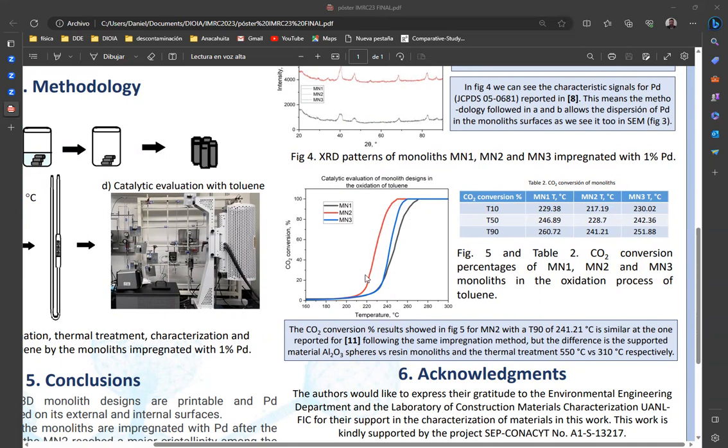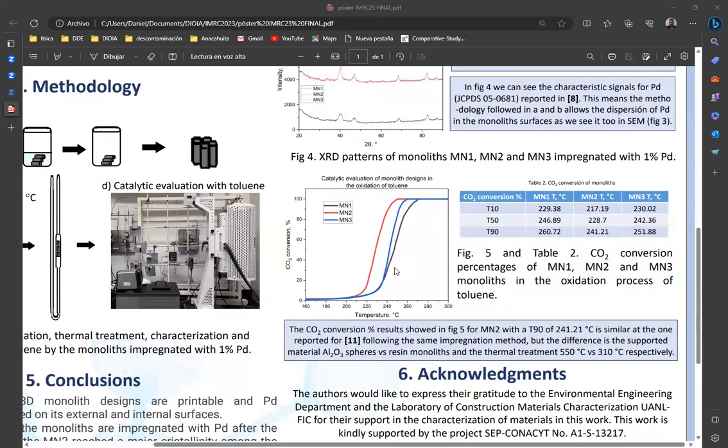On the other hand, for the MN2, the red line here, this describes the behavior of the best design. Monolith MN2 presents the best catalytic activity with a T90 of 241.21 degrees Celsius.